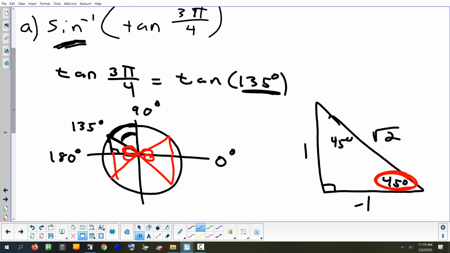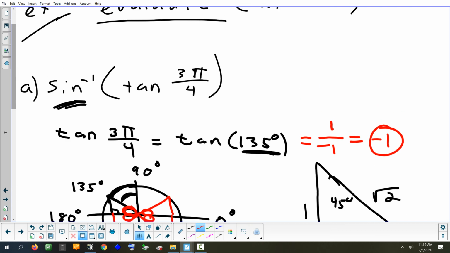Okay. Tangent of 135, opposite over adjacent. And what's 1 divided by -1? -1. So now, we know this entire part right there. You can change everything I just circled in red to -1.